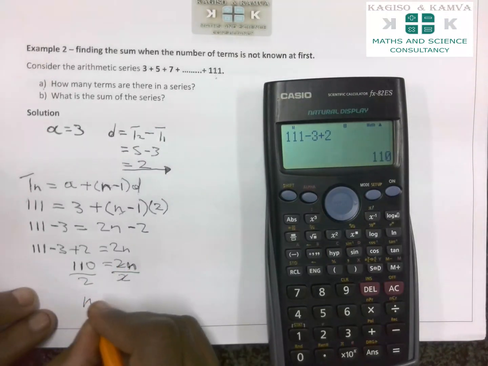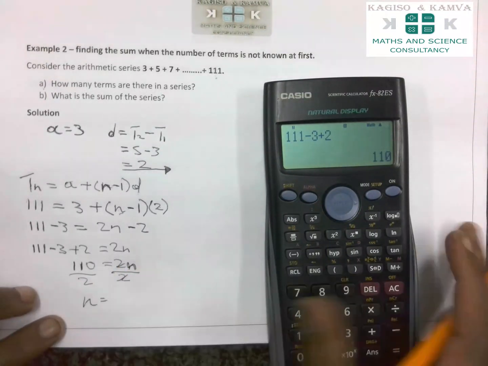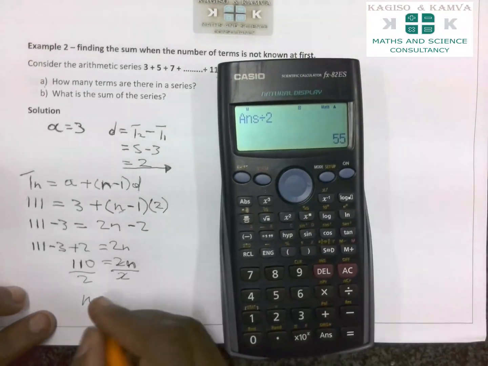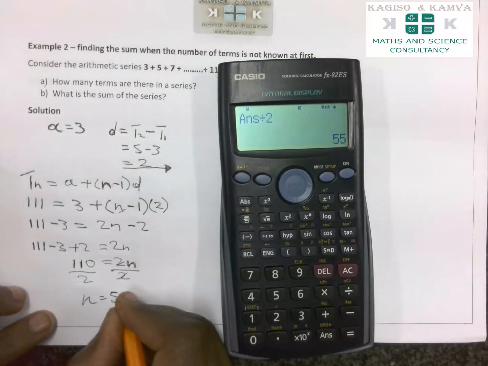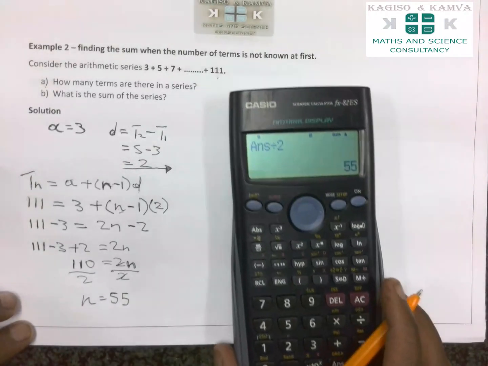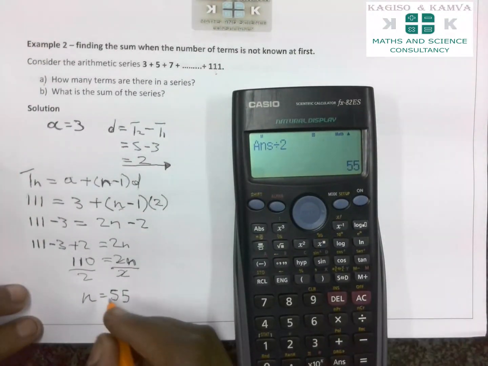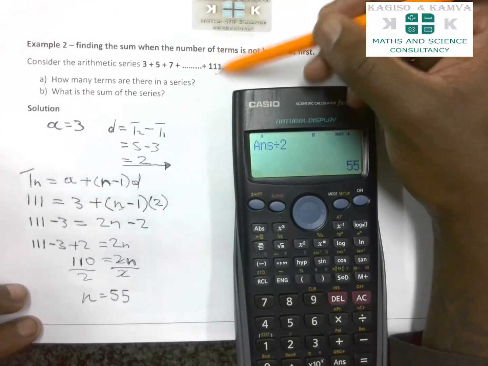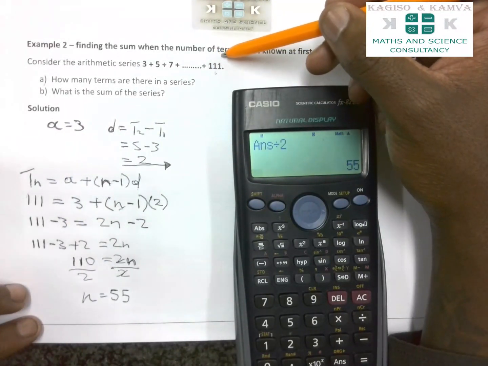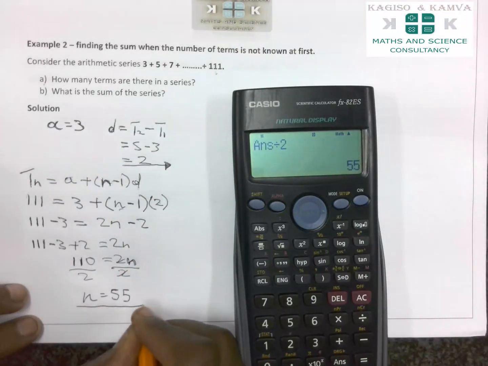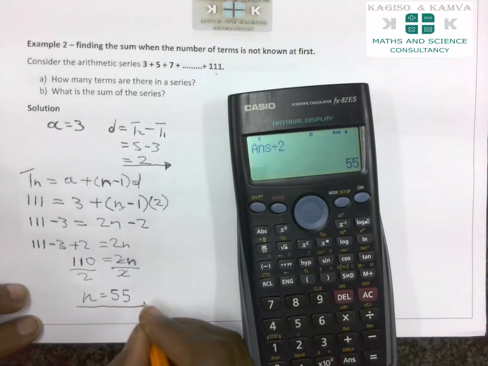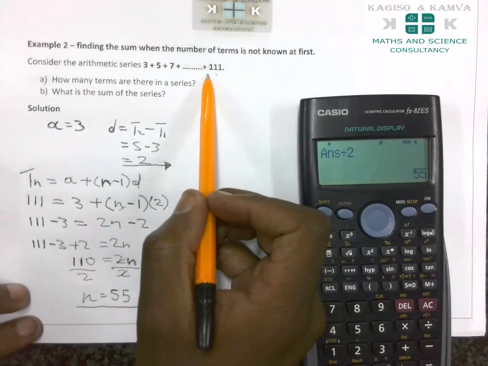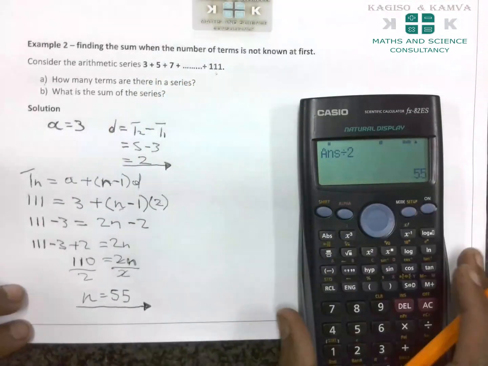That will be 55. n is equal to 55. So it means this is term number 55, the 55th term. We've got 55 terms in this series.